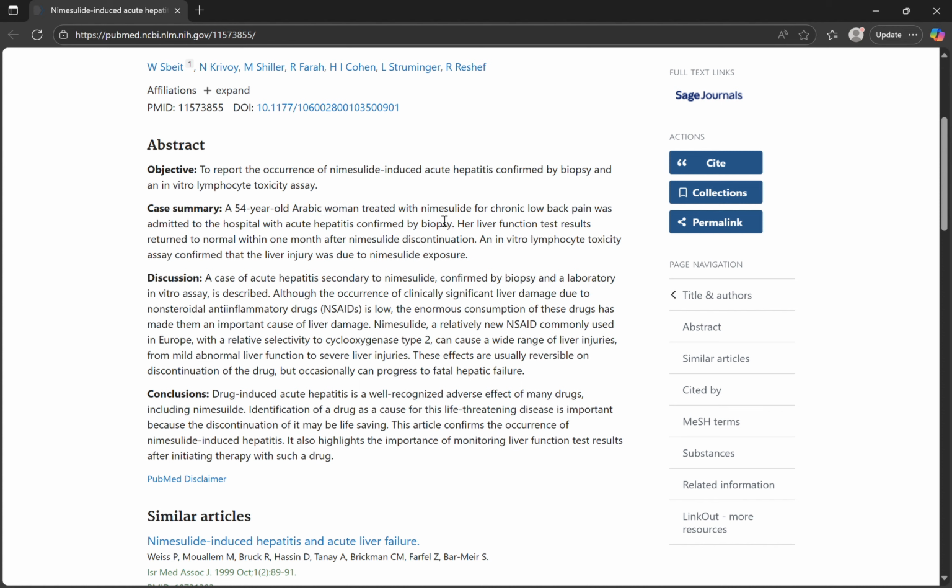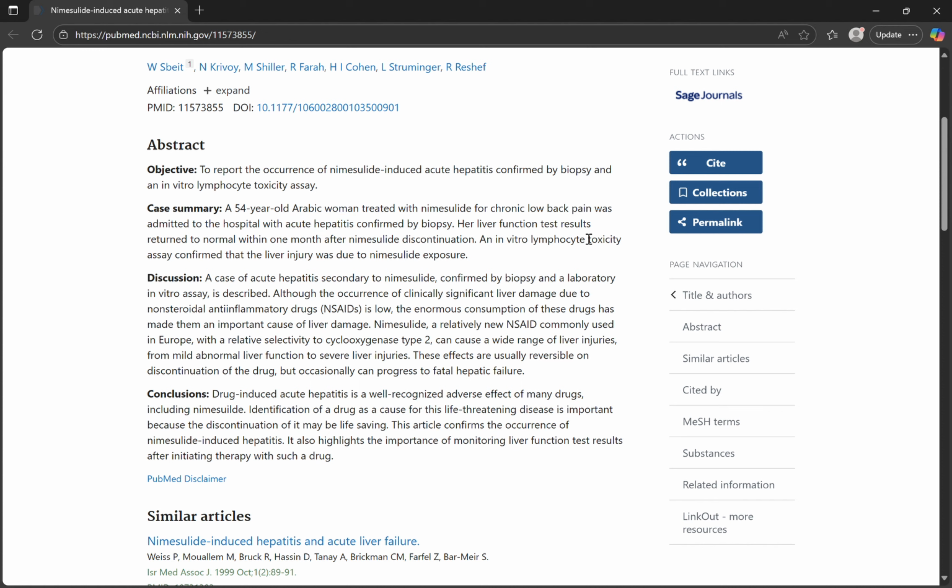Apart from that, she was treated with nimesulide for chronic low back pain, which is the indication for which the drug was taken, and was admitted to the hospital. So there is hospitalization as well, with acute hepatitis confirmed by biopsy. Biopsy is used to confirm the adverse event that has occurred, which is acute hepatitis.